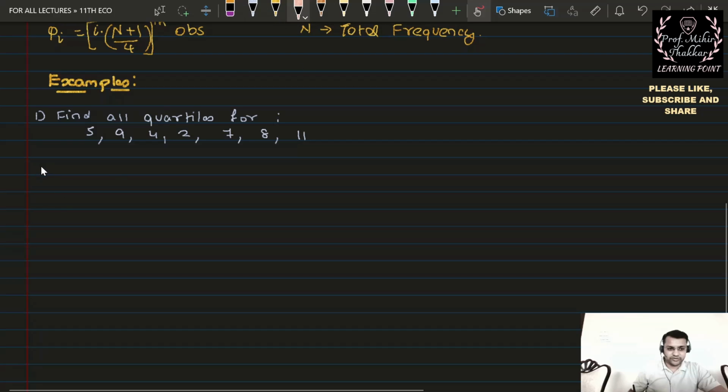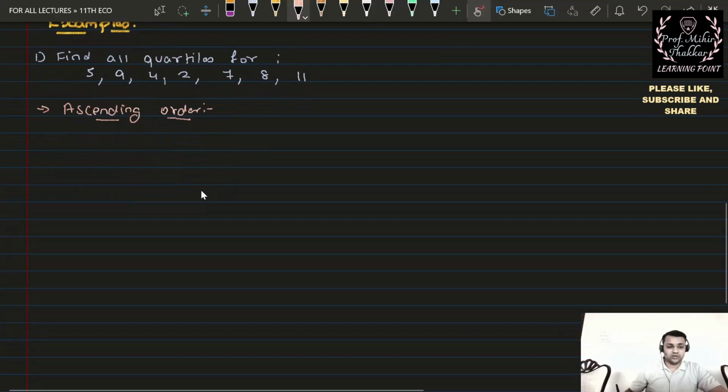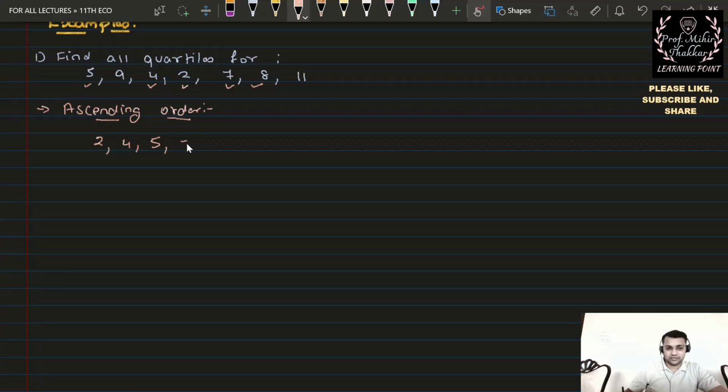The first thing that I will be doing is to find the ascending order. The smallest value that you have over here is 2, then comes 4, then comes 5. After 5 we have 7, 8 and 9. Then we are having over here the last number as 11. So n over here is not 6, in fact 7.